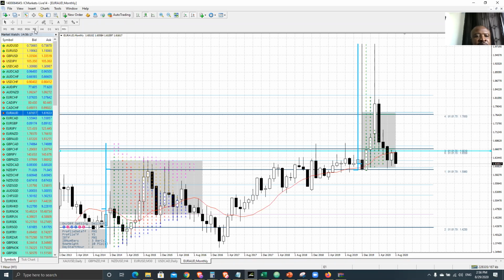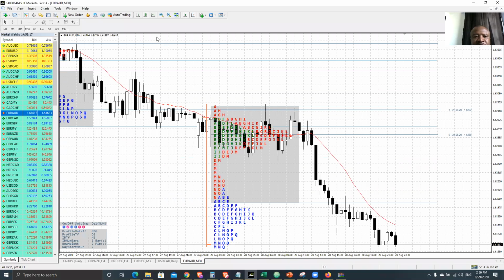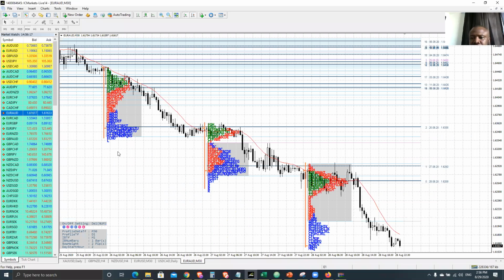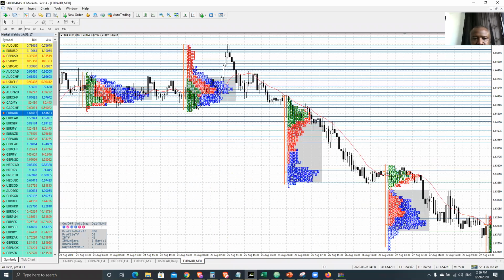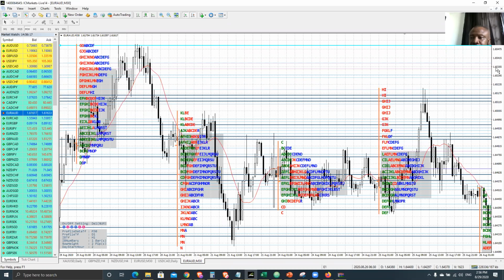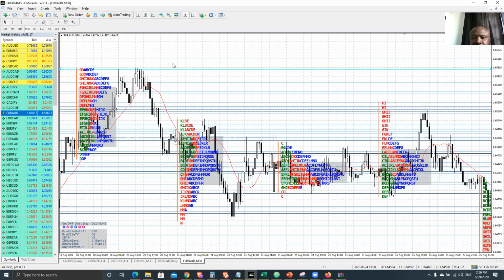So let me now go to the 30-minute chart of that. So this is the level, the 65.50, and the plan is to see a break of this 65.50 first of all, before taking the test of it, before taking the trade.